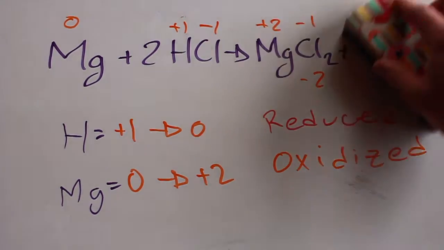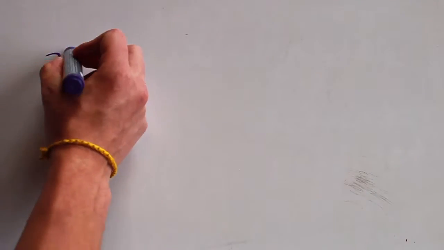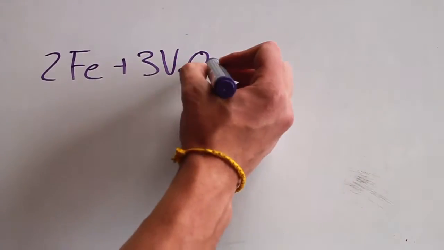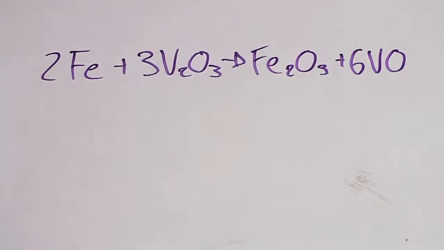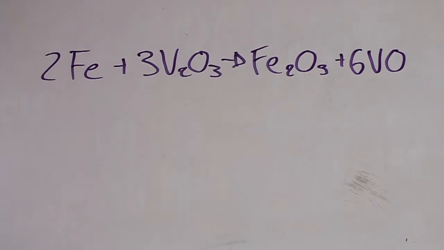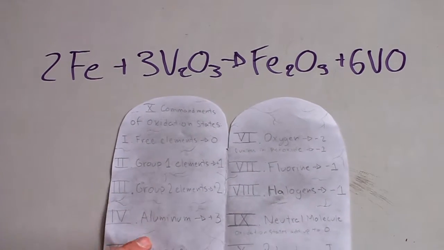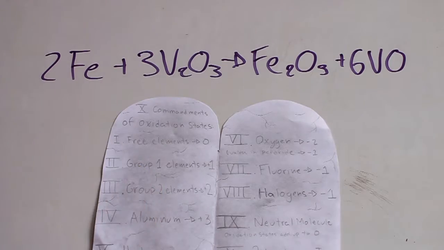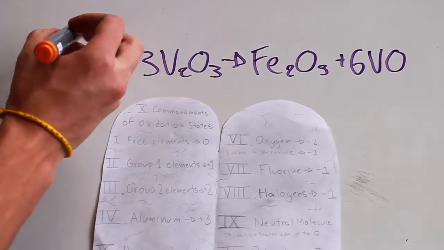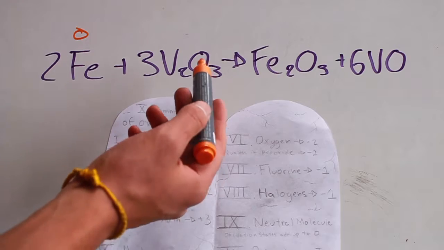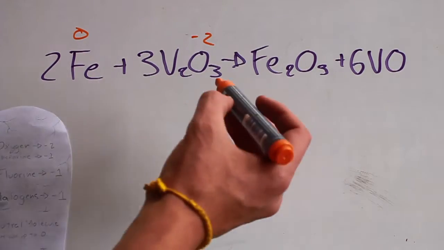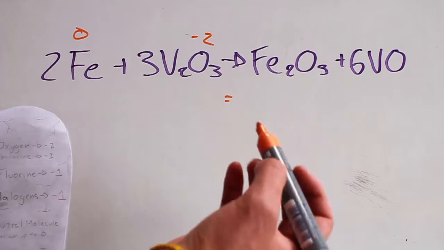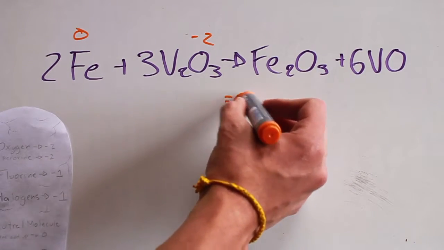Now let's look at another example. Once again, we have to take a look at our rules. Iron, in this case, is a free element, so therefore its oxidation state must be 0. Oxygen always has an oxidation state of -2, and the charge of a neutral molecule is 0, so the oxidation states have to add up to 0.